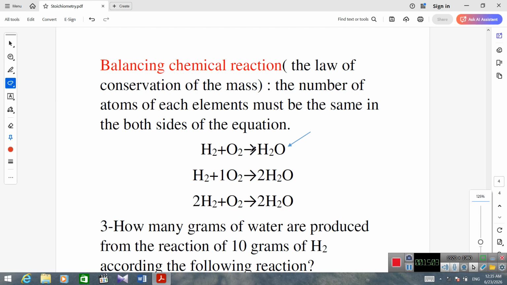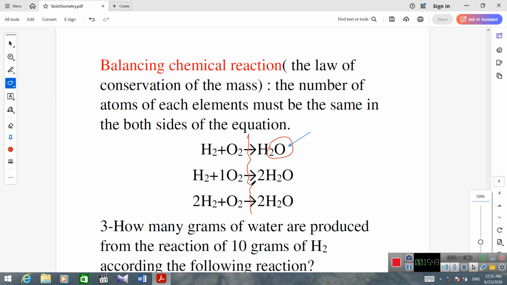H2 plus O2 yields water, and I pointed to oxygen because it's the initial part for balancing, and as you can see, on the right side we have, after locating 2 for the water, because on the left side we had 2 oxygens.